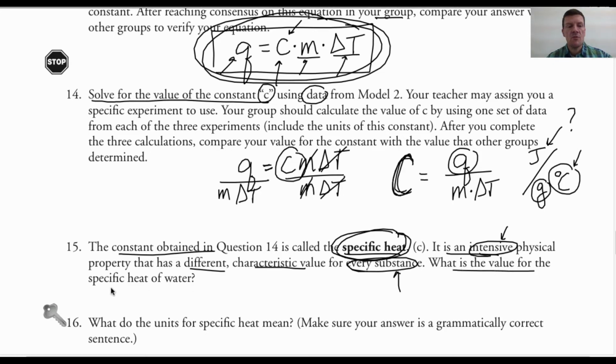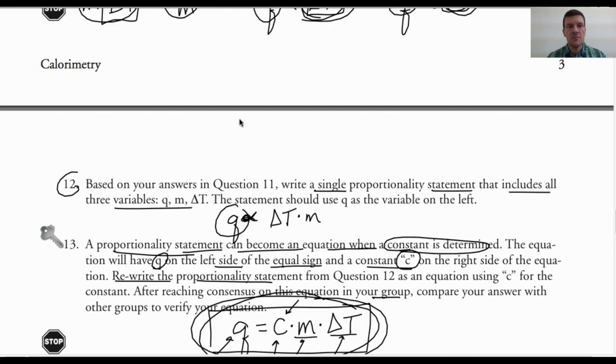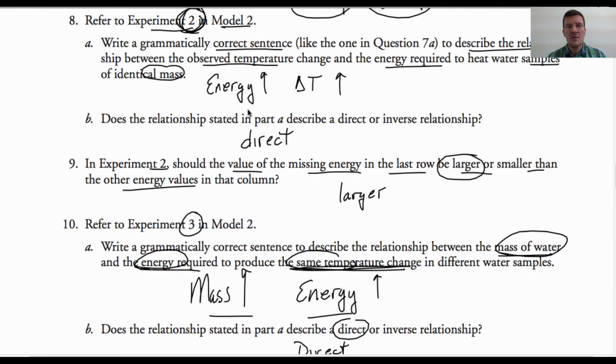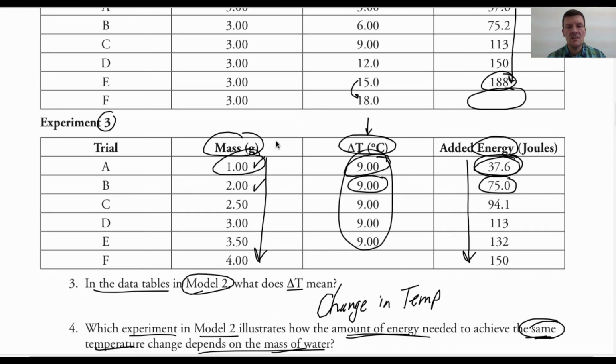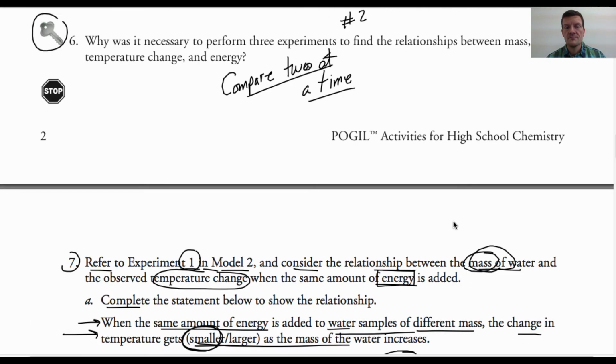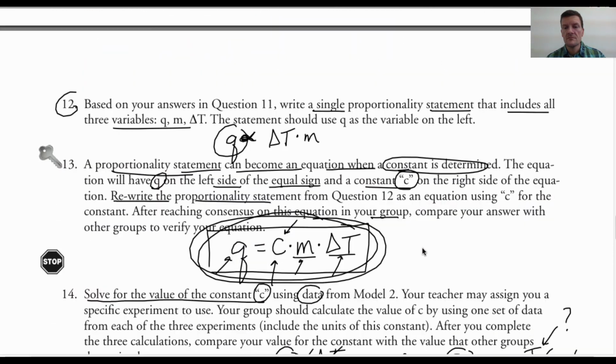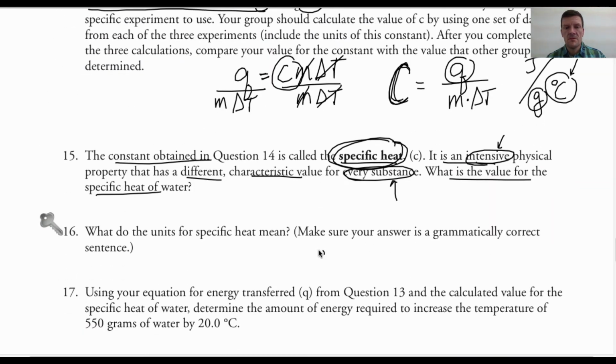What is the value for the specific heat of water? Well, let's take this data up here and plug in some of these numbers. Maybe you did this already. If you take any of these, let's keep a simple one here: 1, 9, and 37.6. So C is equal to 37.6 joules, 1 gram, and the change in temperature was 9.